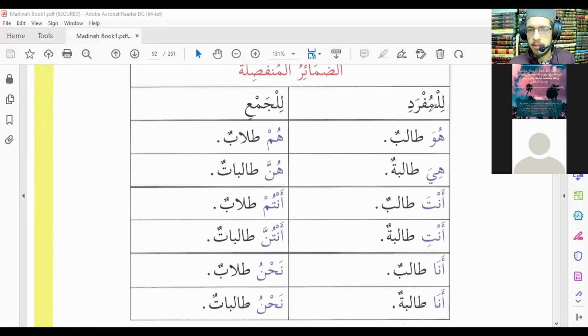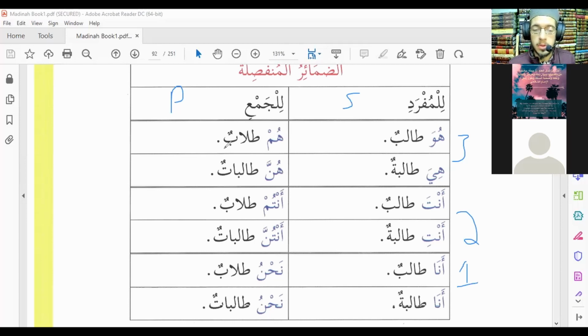Here on the right, we have lil mufrad, that means singular, and then we have lil jam'i, that means plural. And then it goes by person. So we have right here the third person, the second person, and then finally the first person. All the detached subject pronouns. Huwa talibun, and then you get to see how it changes the khabar after it.